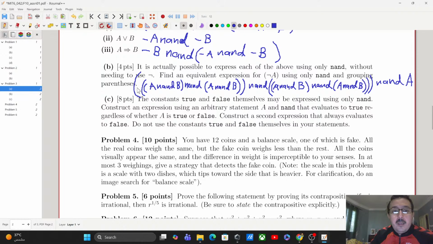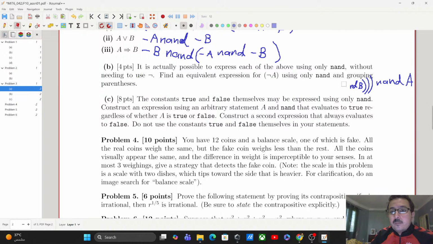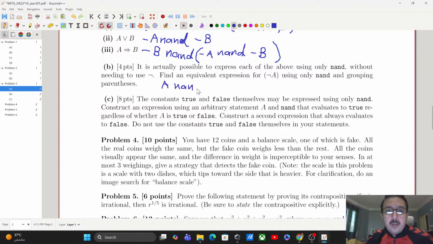So it's gonna be A, NAND A. Okay, the constants true, false themselves may be expressed using only NAND.